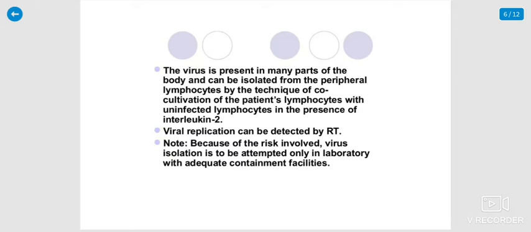Particularly, it is isolated from the peripheral lymphocytes by the technique of co-cultivation of the patient's lymphocytes with uninfected lymphocytes in the presence of interleukin 2.